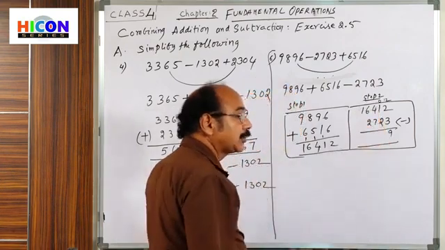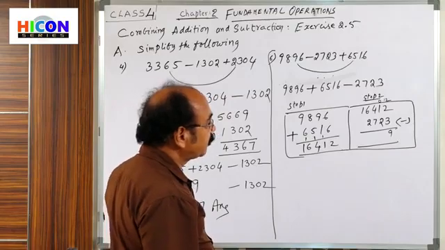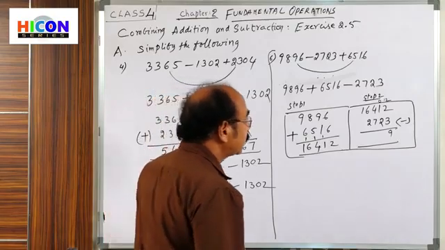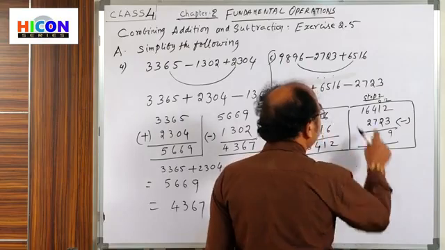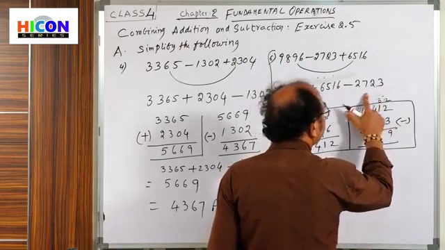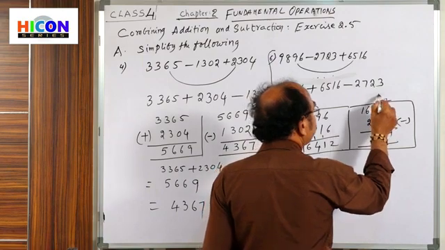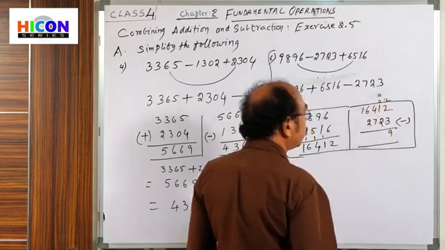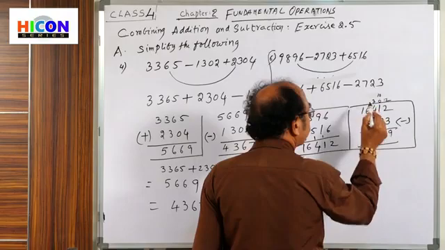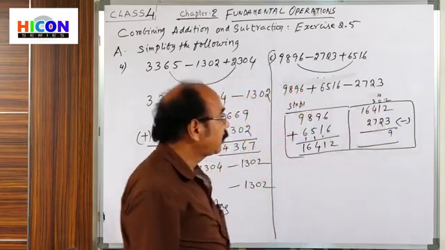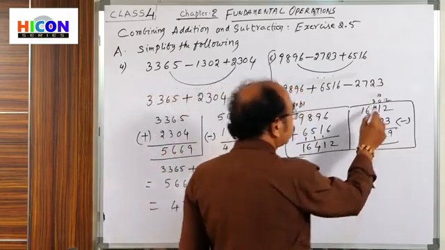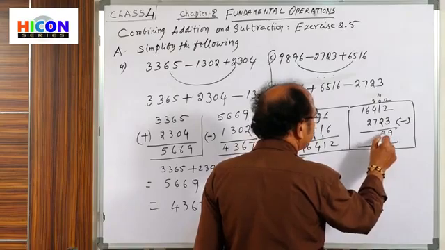That's why ask borrow from the before place. 0 becomes 10, 4 becomes 3. Now 10 minus 2, 8.